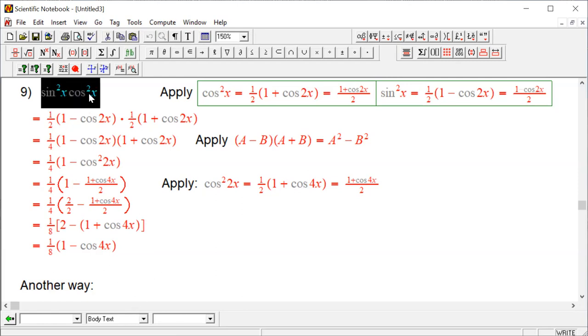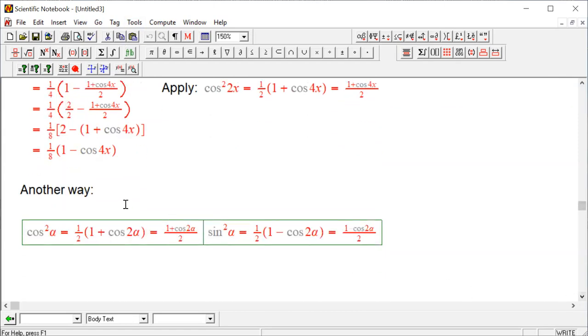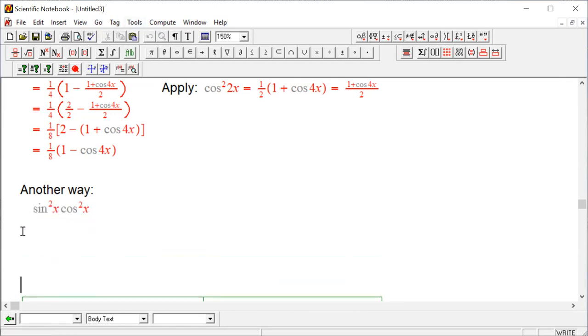So I'm going to show you another formula. This other formula is sine of 2x, double angle for sine. So the way I'm writing it, I'm going to write it as sine x cosine x. I put the power outside.